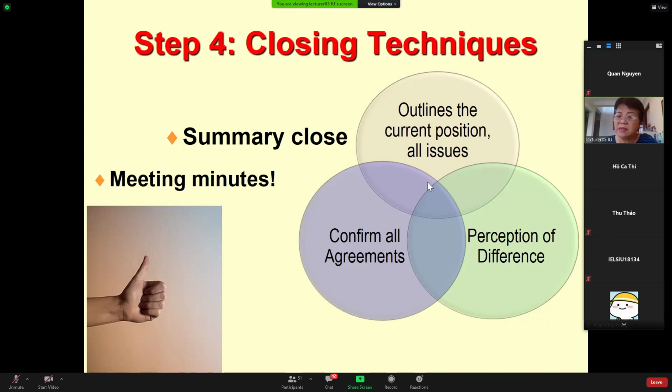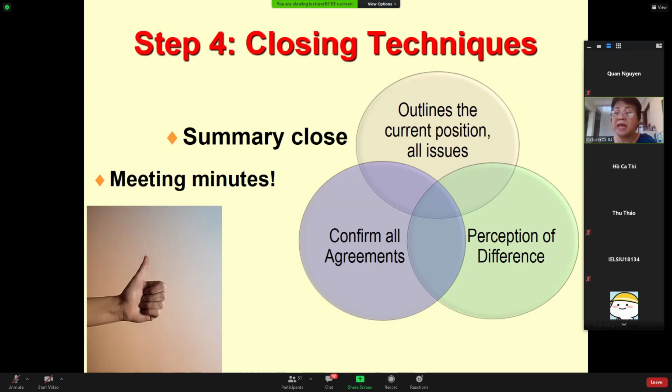So the agreement is here. That is the common ground. We have outlined what our side and the other side are. We summarize the issues, we know the differences in perception, and then we come to the agreement. In step 4 of the negotiation meeting, it comes to the closing end.